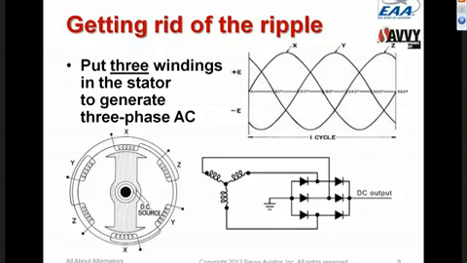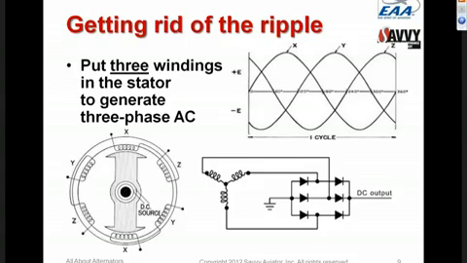The first problem, getting rid of the ripple, is solved in aircraft alternators by making the winding not a simple coil of wire, but a more complicated coil of wire with three different windings.